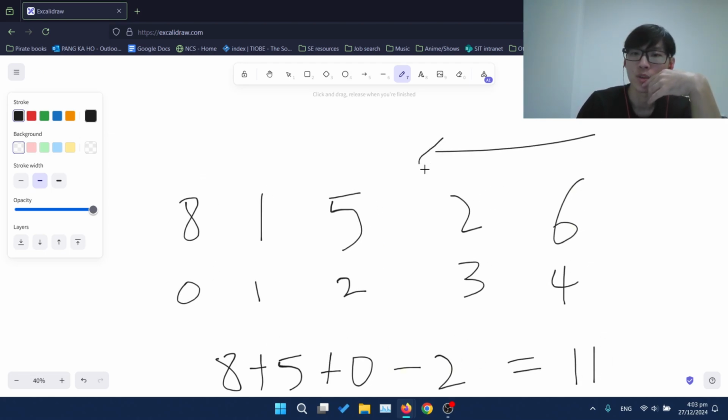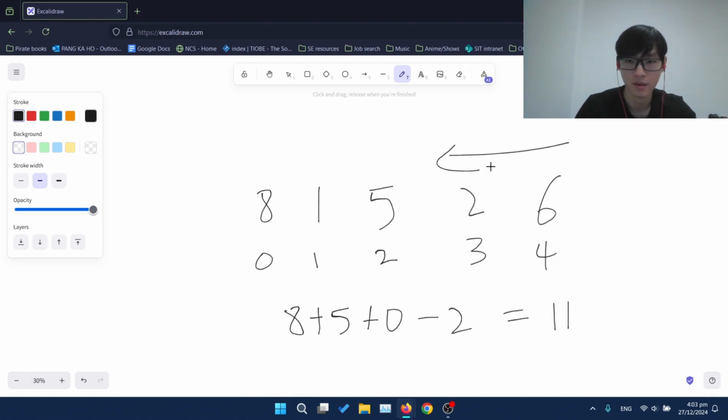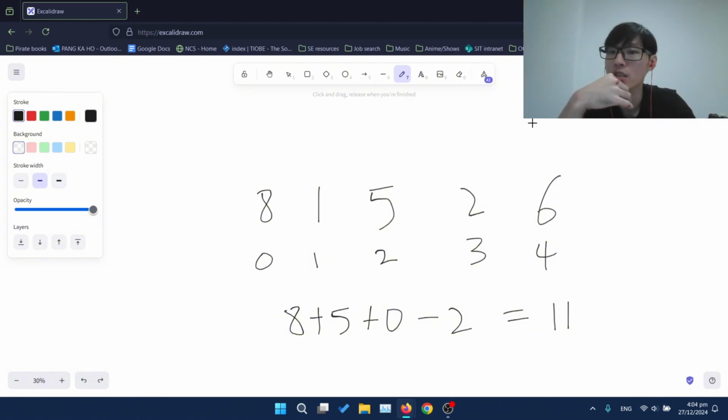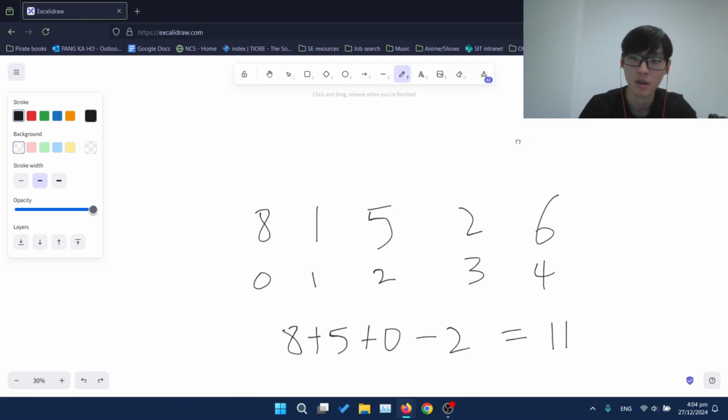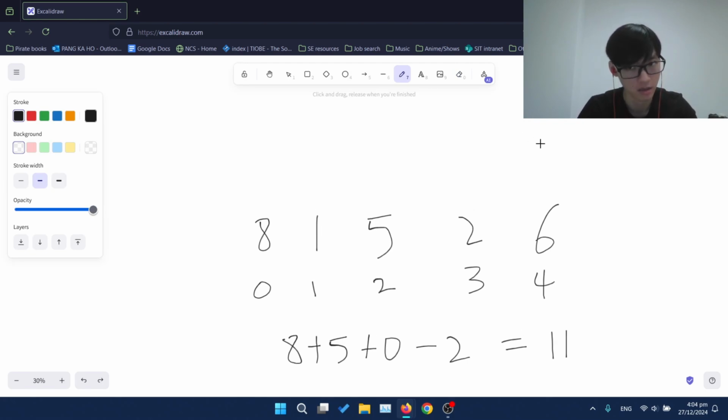Let's say we build the monotonic stack in this manner. Should it be decreasing or increasing? Let's say it's decreasing. It's 6, 2.